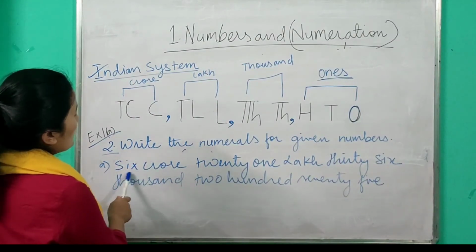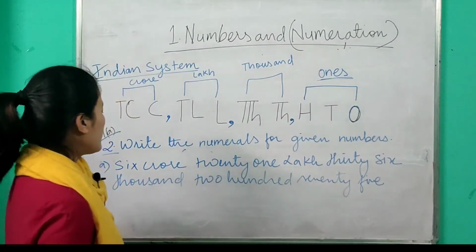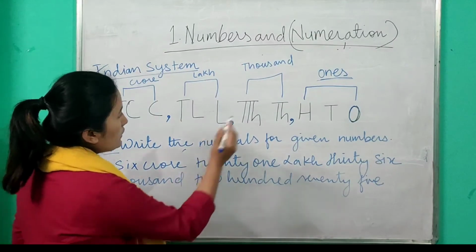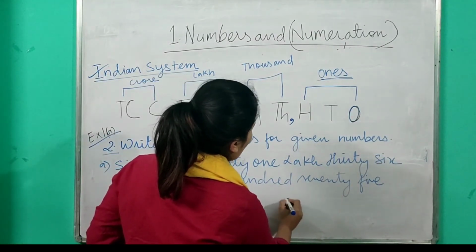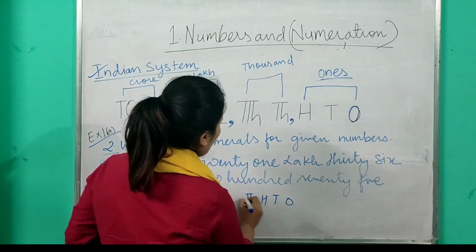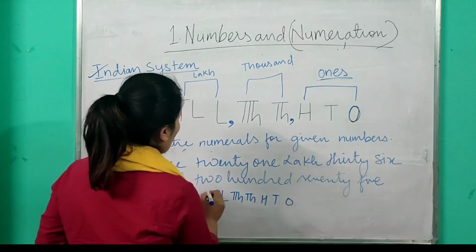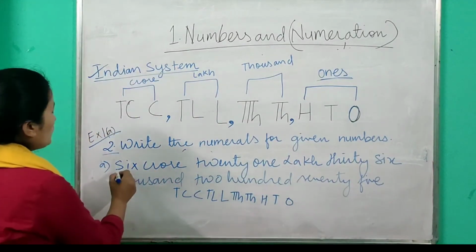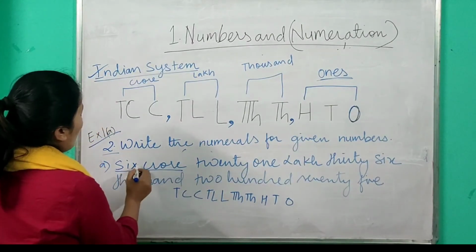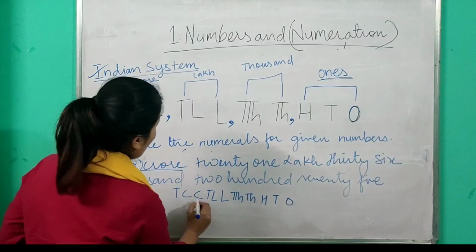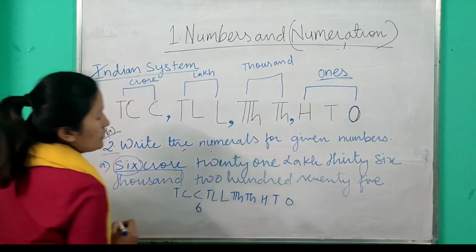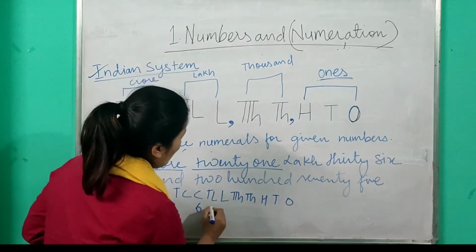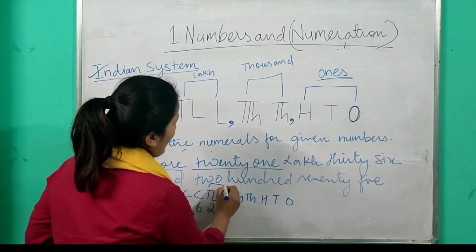So let's take the second question. The question is 6 crore 21 lakh 36 thousand 275. Convert this into numbers, right? Similarly, draw the place value chart: ones, tens, 100, 1,000, 10,000, lakh, 10 lakh, crore, and 10 crore. Question is 6 crore. You have just 1 unit here, so you will place 6 under the crores period. Then you have 21 lakh, so you will add 21 under the lakhs period.